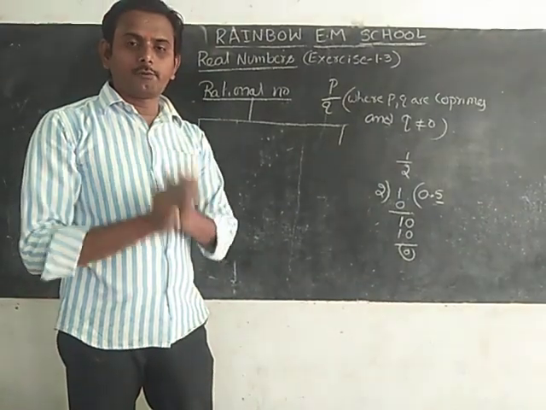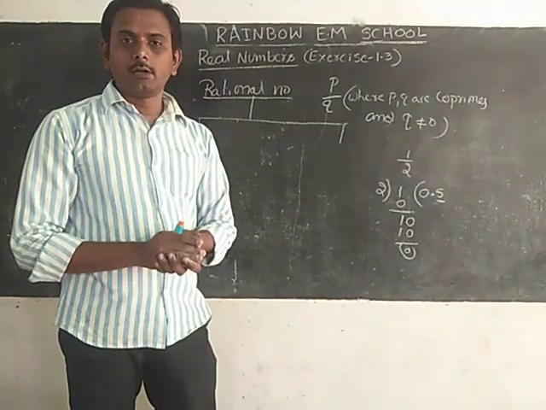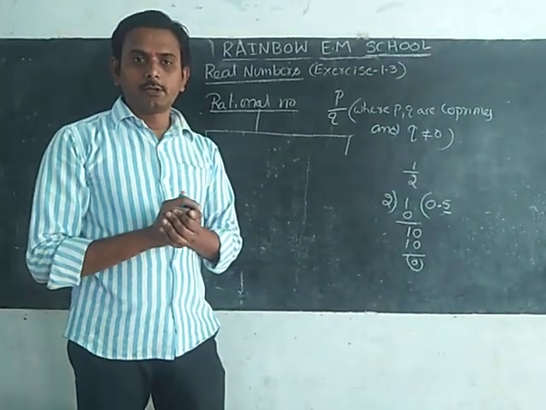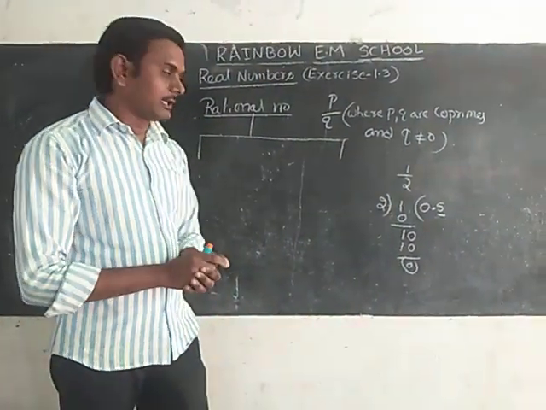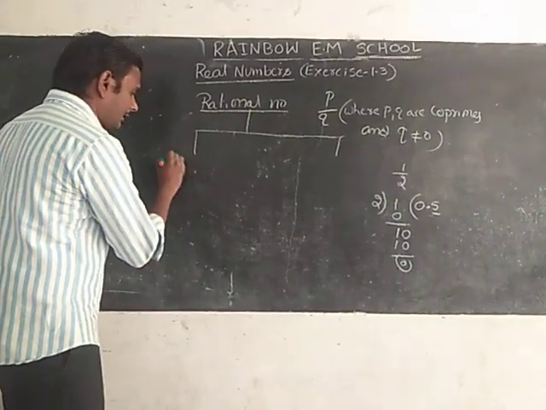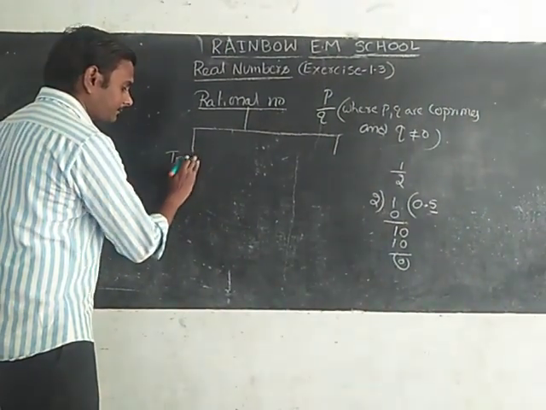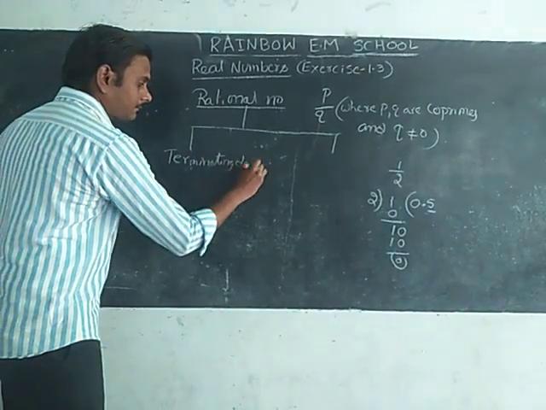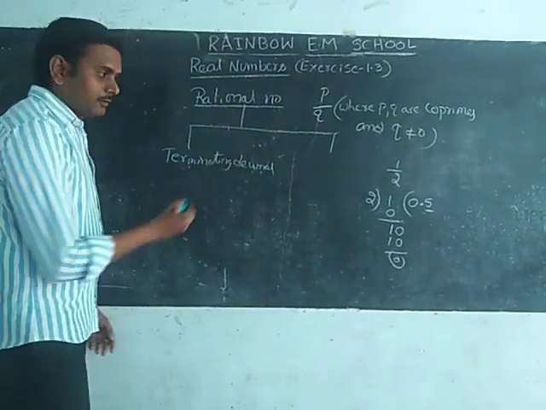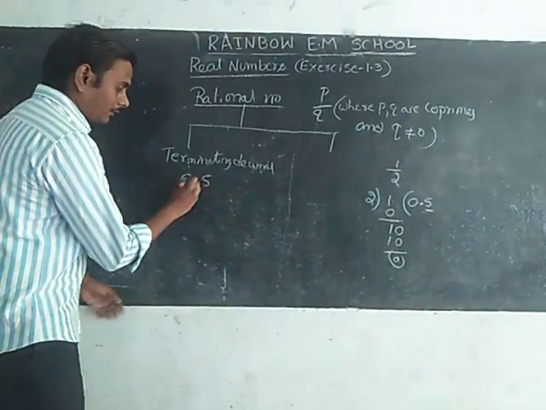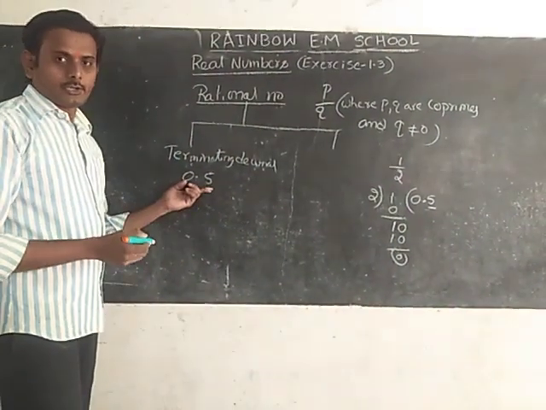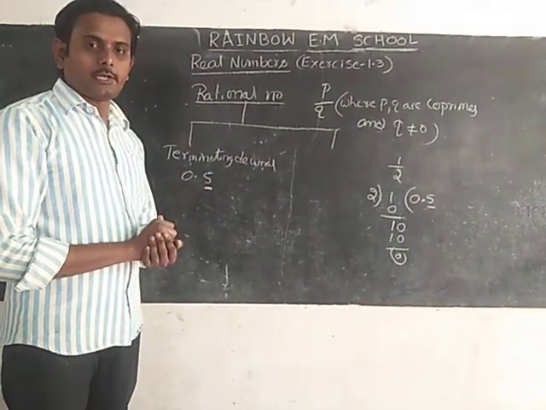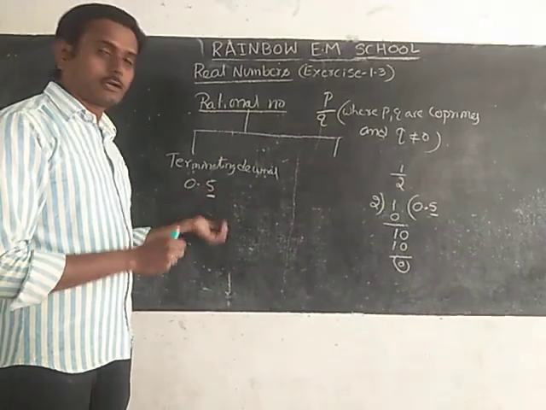If a rational number has a decimal part that is finite, then that is called a terminating decimal. For example, 0.5. Here only one digit is there. That is a finite number. Finite means we can count the digits.